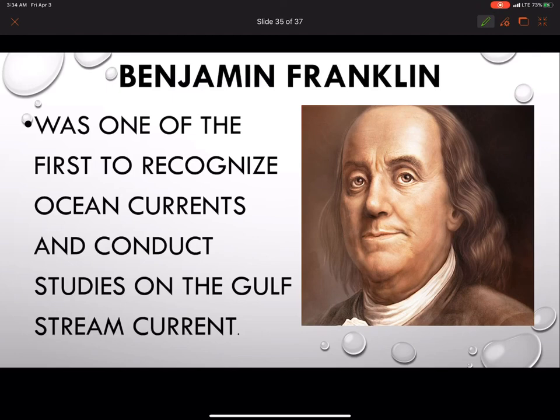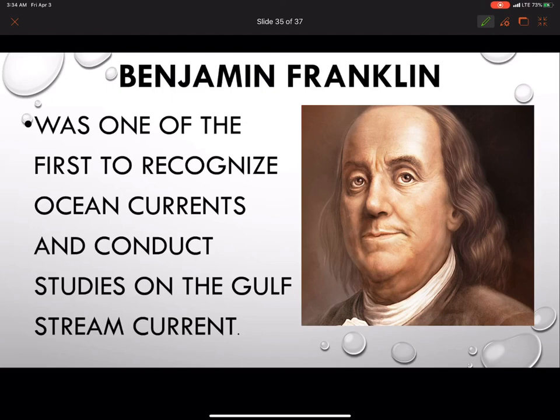And his nephew, I believe it was, you'll read it in your chapter, did mention to him that yes, there are currents, and that they actually followed one that would take them to England a lot faster than any other direction that they could have gone. And so he was one of the first men to recognize and conduct studies on the Gulf Stream current.